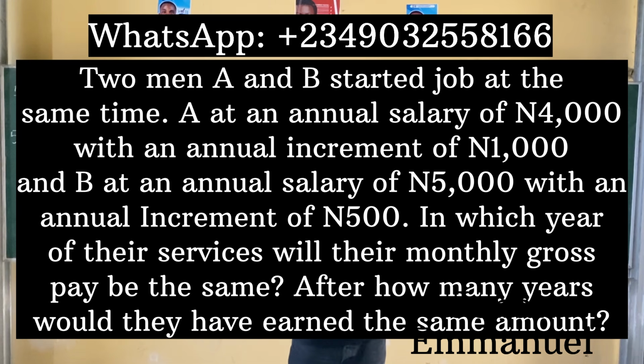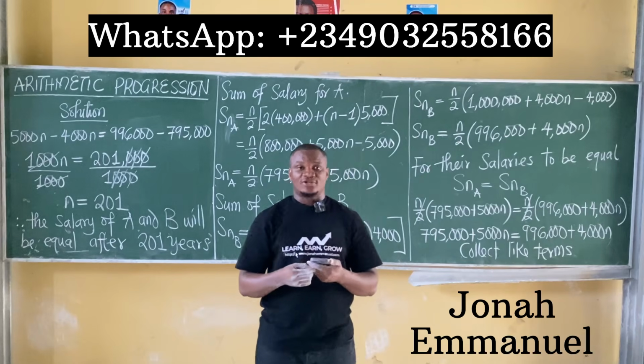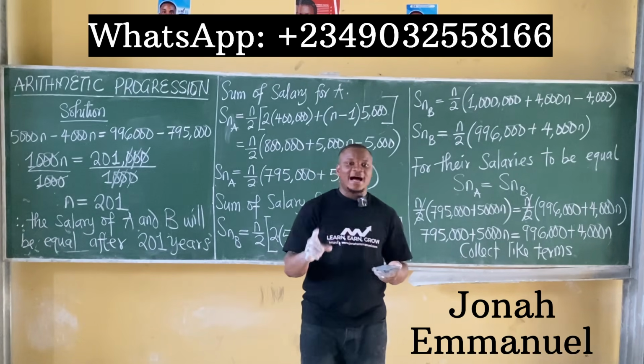In what year of their service will their monthly gross pay be the same? Also, after how many years will they earn the same amount? All right, so that's the question. Now you try to answer it.